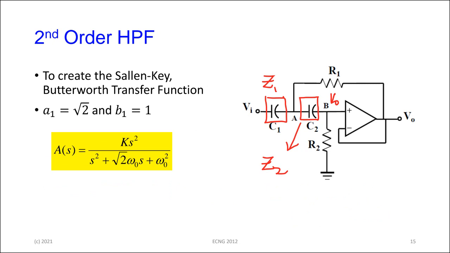To create the Sallen-Key, or VCVS filter, and also to create the Butterworth transfer function, which we said was the maximally flat response. Remember, maximally flat.